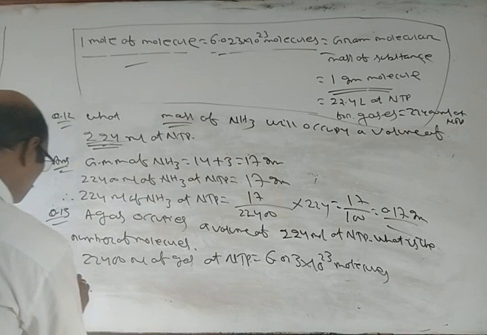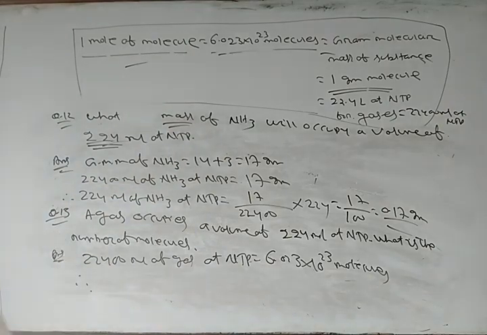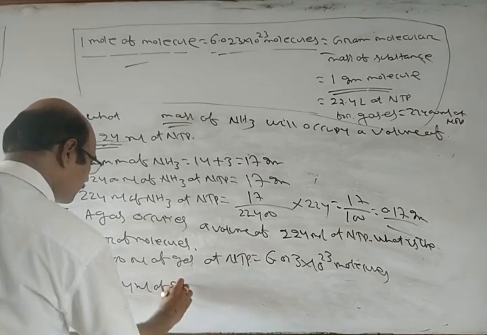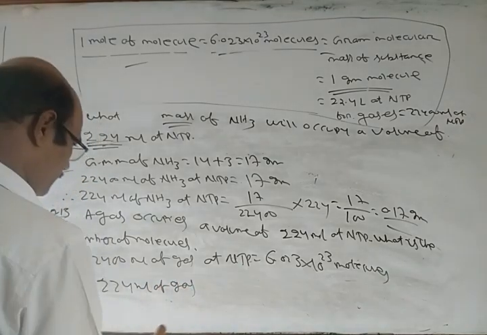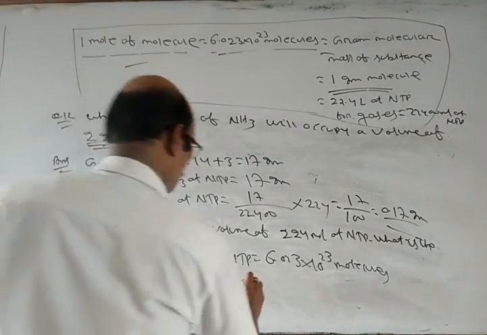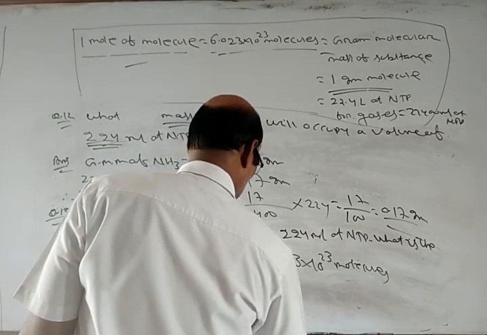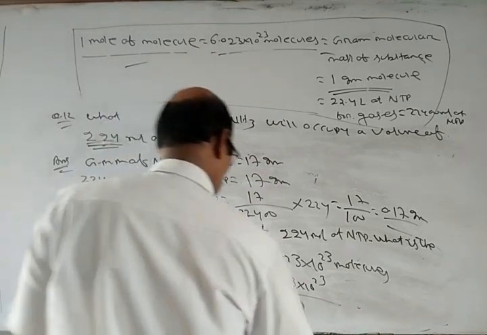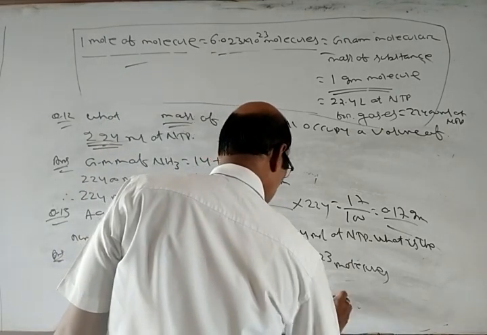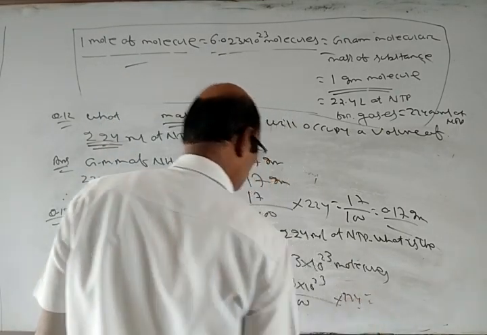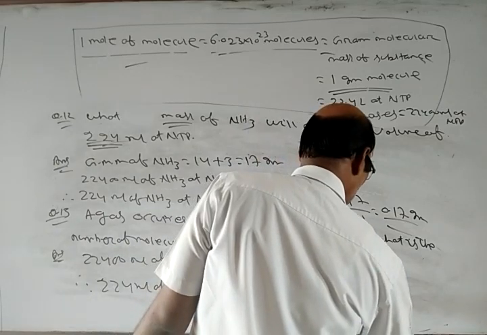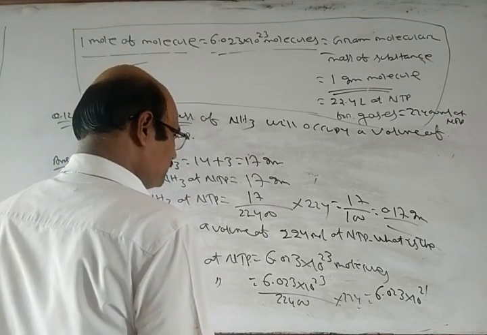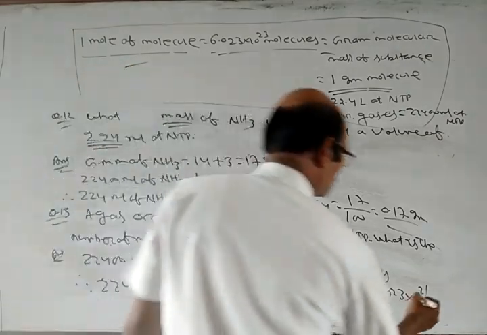Okay, so therefore 224 ml of gas equals 6.023 into 10 power 23 divided by 22400 into 224, which equals 6.023 into 10 power 21.